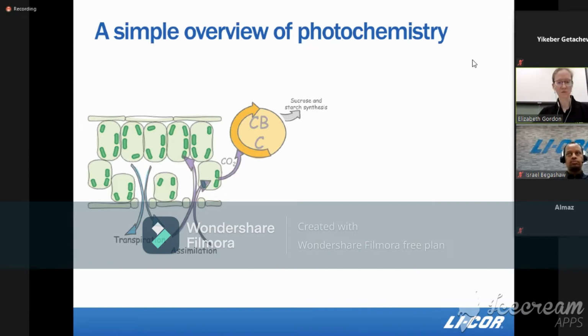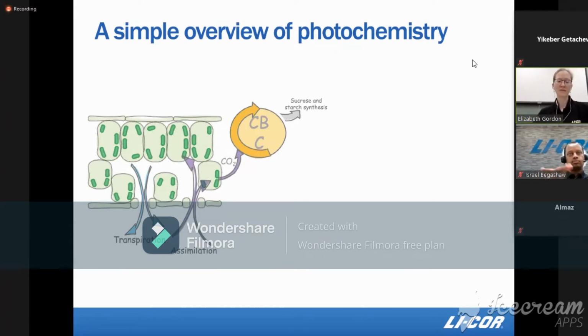It really depends which textbook you're looking at, but CO2 assimilation is used in the Calvin-Benson cycle. Part of that CO2 is used to keep the cycle going, and part of it goes off to sucrose and starch synthesis.